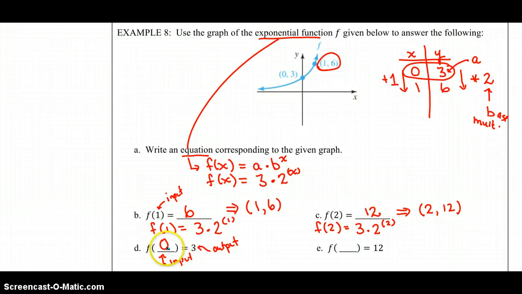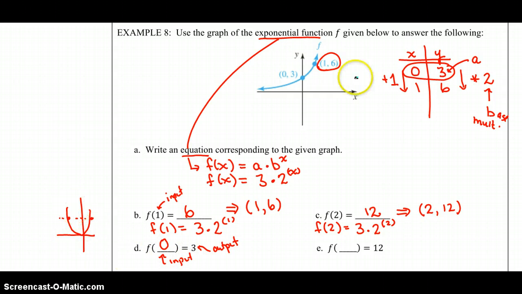Now, unlike our quadratic functions, where we had some weird things happen sometimes, if we had an output of 3, we could possibly have, and many times we did have, 2 places where the graph would cross at that particular value.